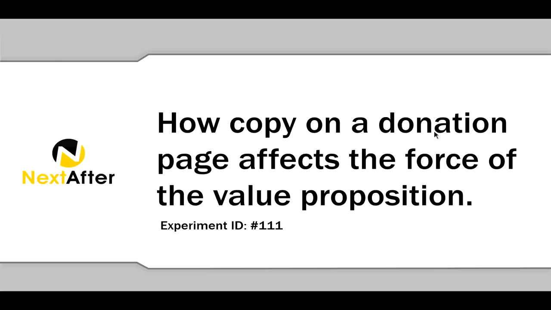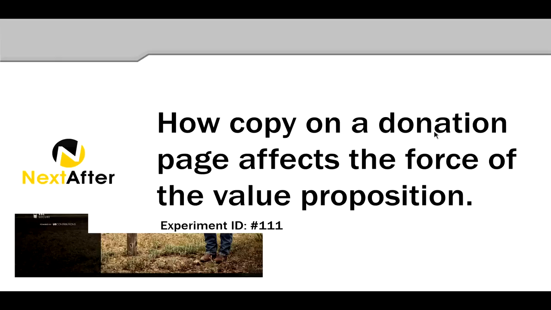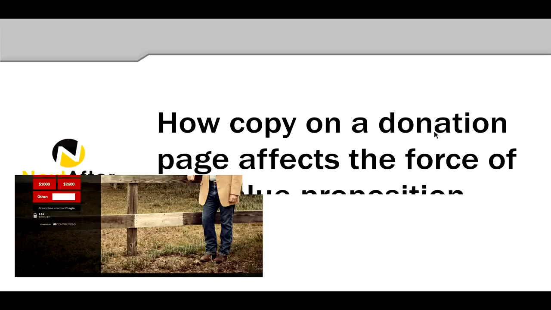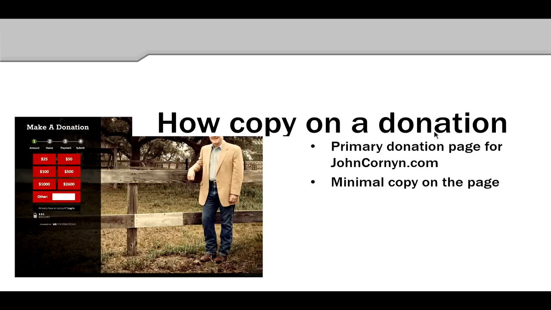And this first one is, how does copy on your donation page affect the force of value proposition? I showed you this case study very quickly earlier, and when we first looked at this page, we found that there's just a fundamental flaw in this donation page. This is the primary donation page for a political campaign, and you may not pick up on it right away.